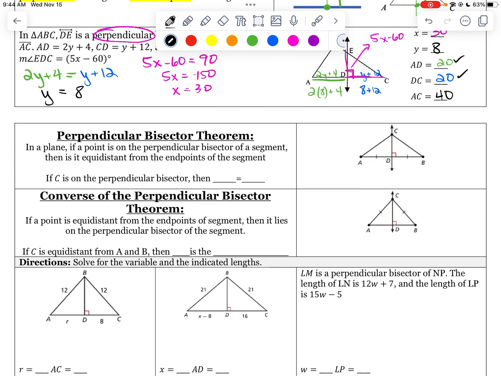Perpendicular bisector theorem. In a plane, if a point is on the perpendicular bisector of a segment, then it's equidistant from the endpoints of the segment. So what that means is because we have C on the perpendicular bisector, AC is also got to be equal to CB.